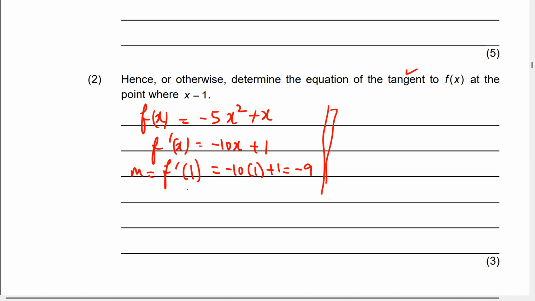Look at this, this is the slope. You found the first derivative and then you substituted x by 1. Now you need to find the x and y values. x is 1, so you have f of 1.